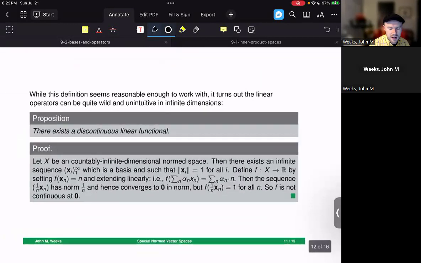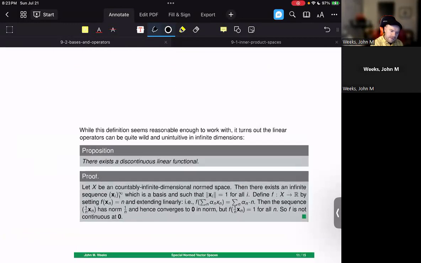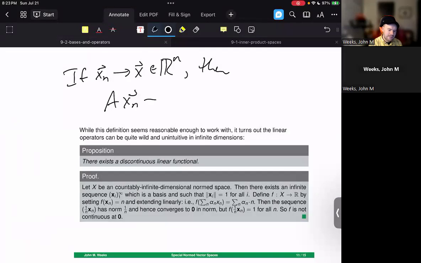Now, linear operators are interesting because matrices have a neat property. Matrices are continuous. Here's what I mean by that. If you have that the vector x sub n converges to a vector x, let's say that this sequence converges in R^n, then in fact, A times x sub n converges to Ax in R^n.